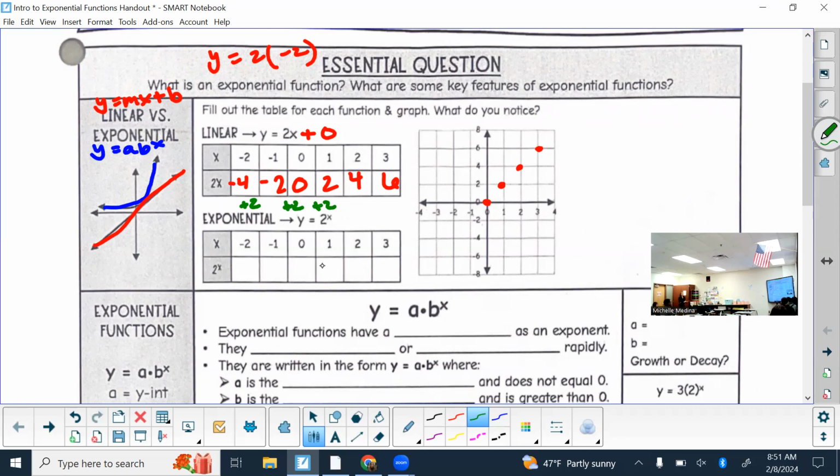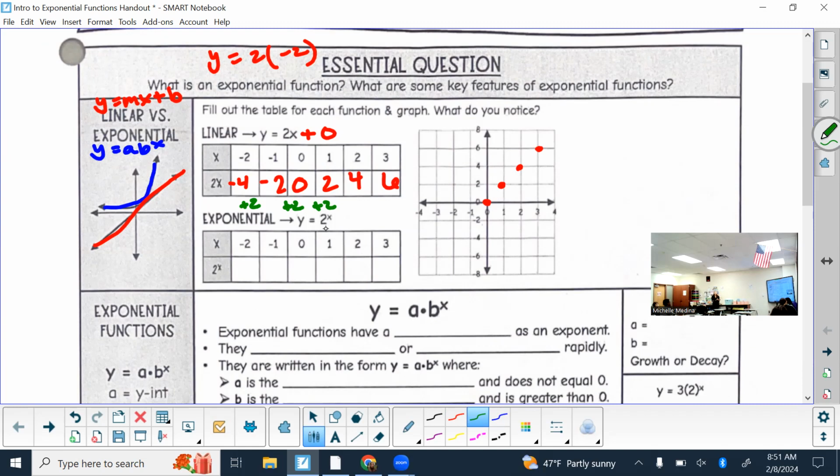Okay. Now our exponential functions, and I could graph all these points, but I don't think I need to. I could make a straight line out of 4 points. But for our exponential functions, we have the equation here. It is in the form y equals ab to the x. What's my a for this one? That's my b.